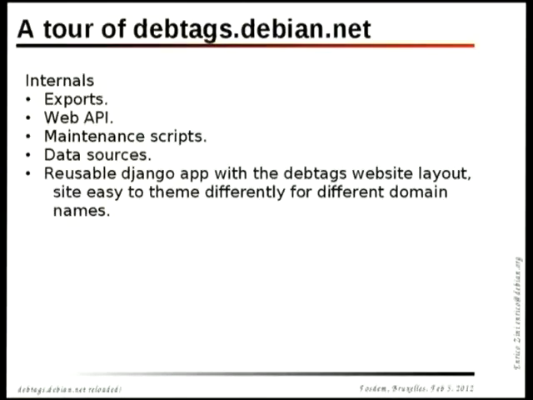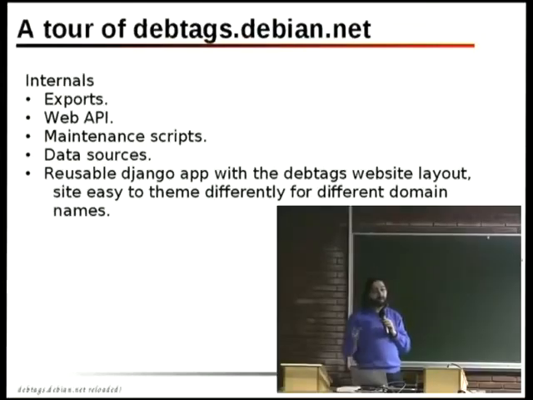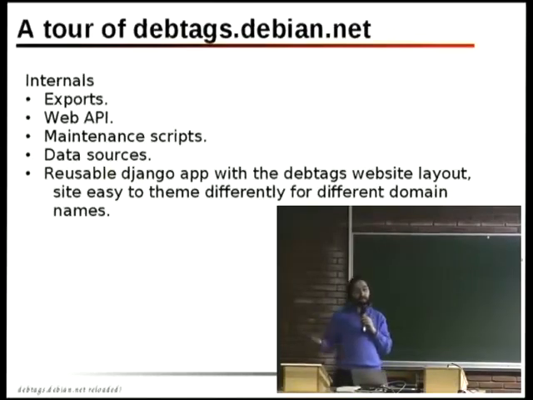Also, the graphical theme of the website is a pluggable Django application. I created a generic Django app for the Debian website layout, and so everything else just derives from it and doesn't do any particular layout themselves. So it's rather easy to just switch that with a page that has a different branding.